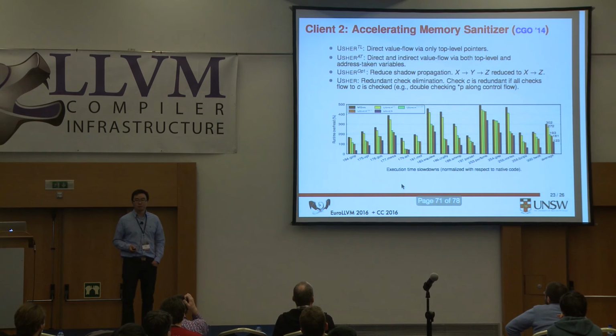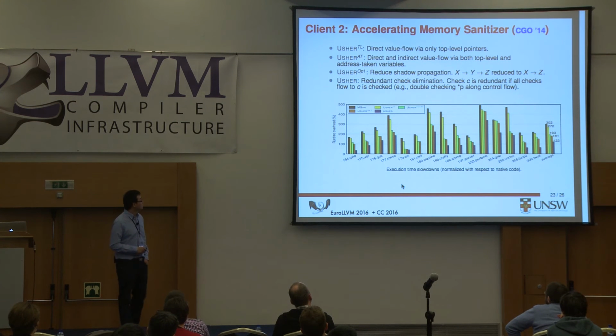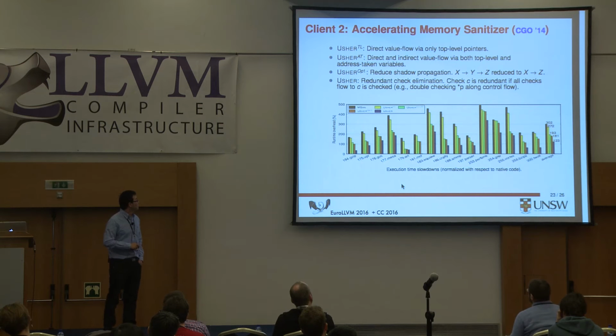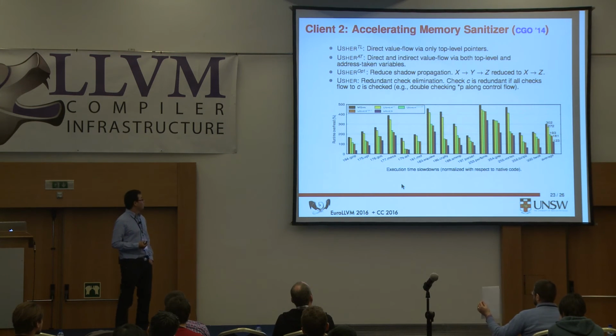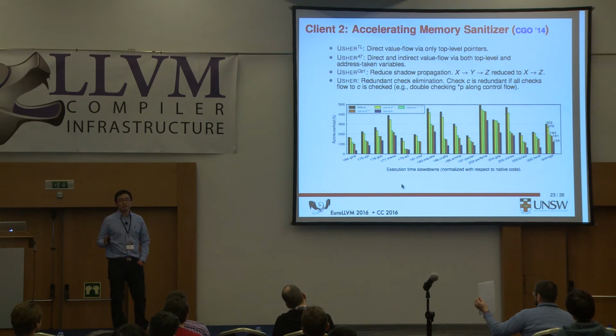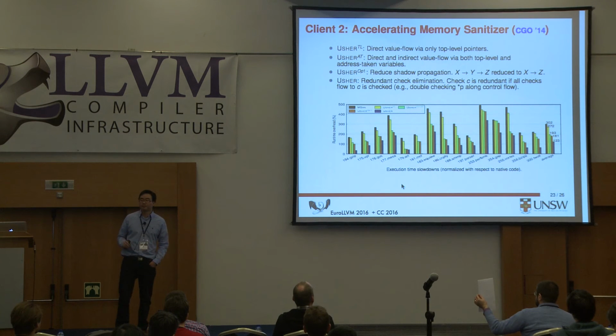So this graph shows the improvement for the overhead generated by the memory sanitizer. The x-axis shows the name of the benchmark. The y-axis shows the execution time slowdown, normalized with respect to the native run. The black bar shows the memory sanitizer's overhead is generally like 3 times slower than the native run.